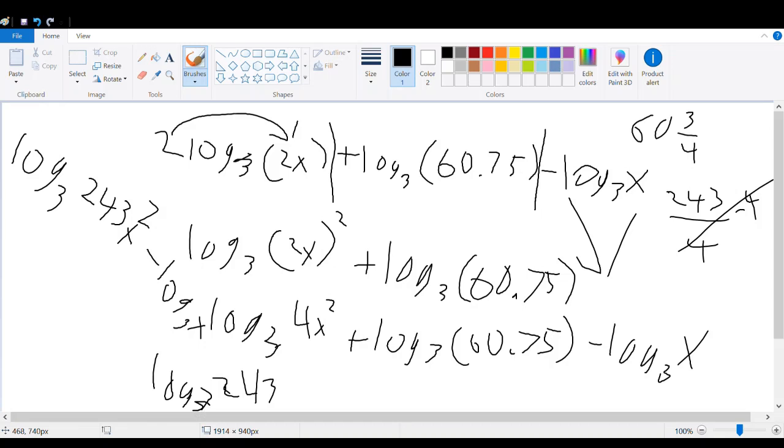If I didn't make the problem, you would have to figure that out on your own. Let's just separate them so that it looks better: log base 3 of 243, plus log base 3 of x squared minus log base 3 of x. And log base 3 of 243 is 5, because 3 to the power of 5 is 243. I checked it like 5 times on Google, I'm sure I'm right.